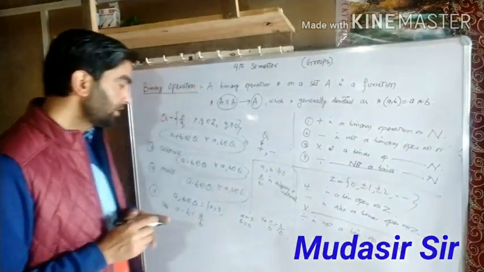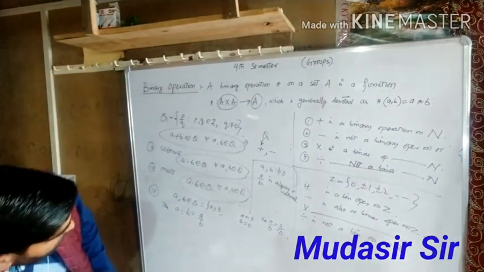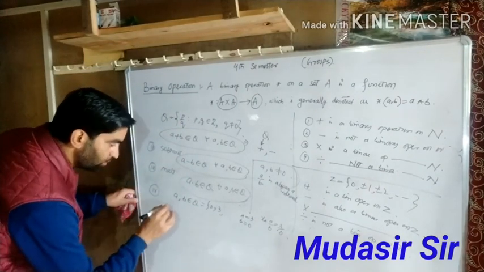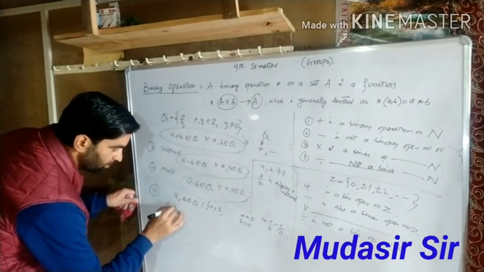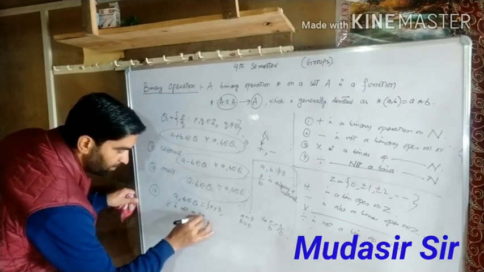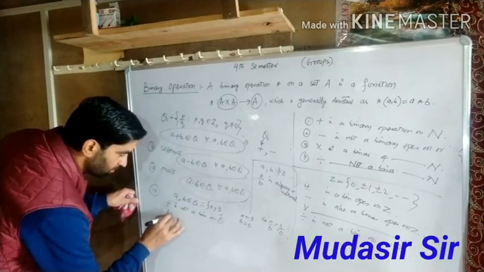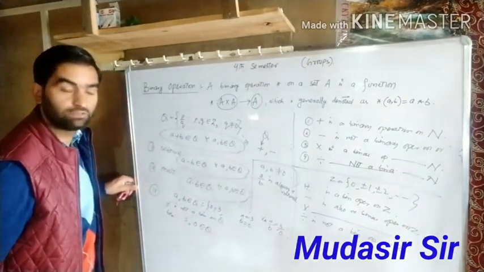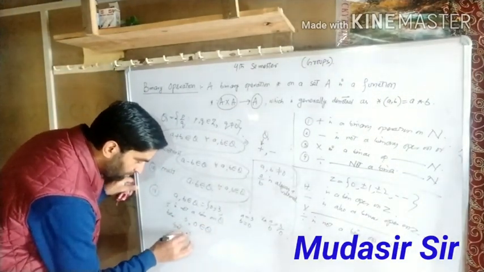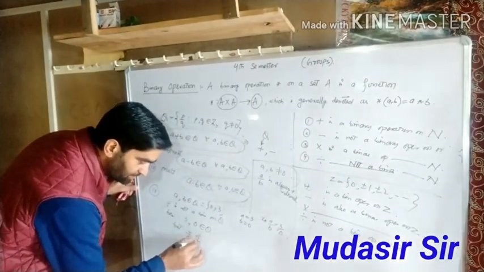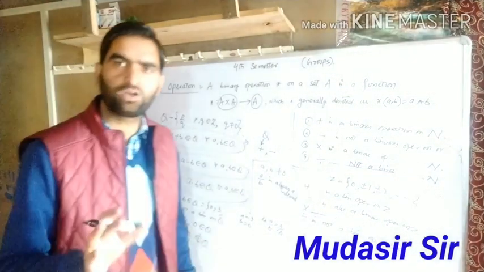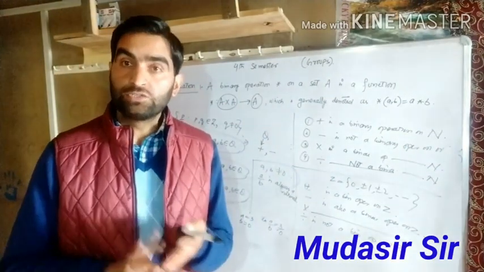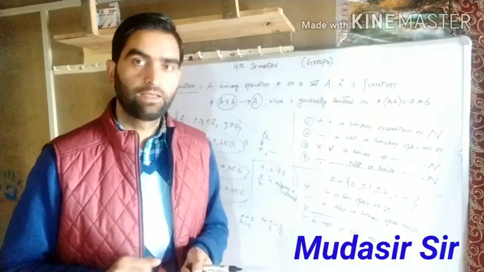So we can say that division is not a binary operation on Q, because 3 comma 0 belongs to Q, both are rational numbers, but when we divide them, 3 by 0 does not belong to Q. Either it does not exist or it does not belong to Q.